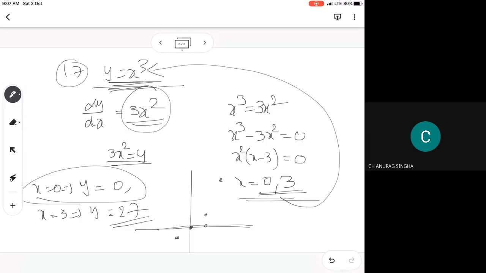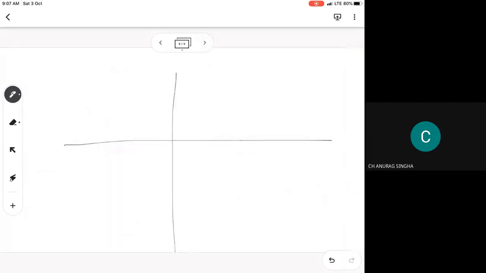See, the analysis is also simple. 0 comma 0 here, 1 comma 1 here, approximately taking 2 comma 8 here, and -1 comma -1 here, and -2 comma -8 here. You are going to get the curve like this. This is the y equal to x cube curve.